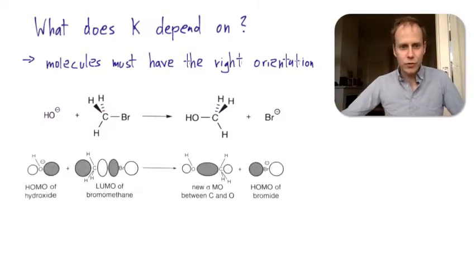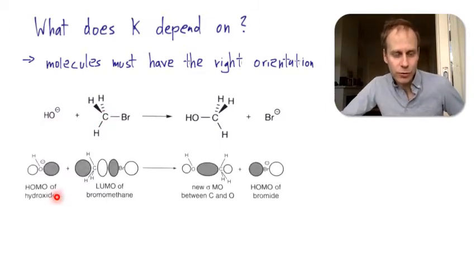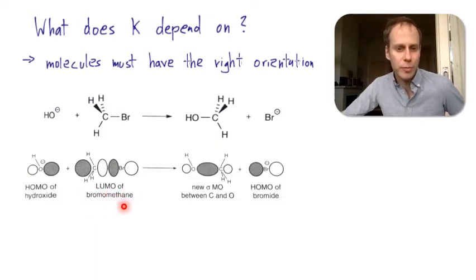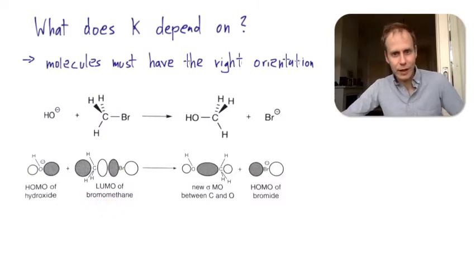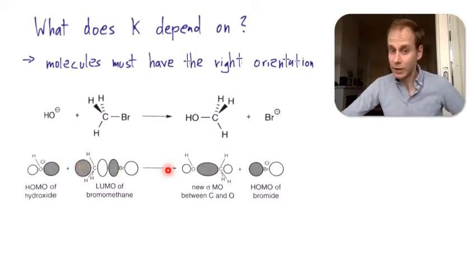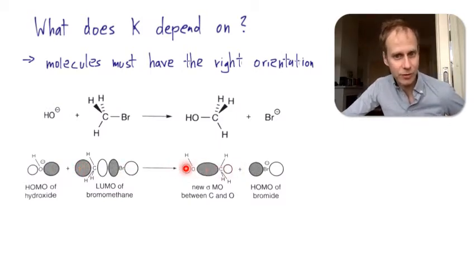And now if I draw the HOMO and the LUMO, so the highest occupied molecular orbital of the hydroxide and the lowest unoccupied molecular orbital of the bromomethane, remember these are the two orbitals that will eventually form the molecular orbital that leads to the reaction. And now if the HOMO of the hydroxide attacks from exactly this side the LUMO of the bromomethane, then the reaction has exactly the right orientation. The molecules have the right orientation for the reaction to proceed.